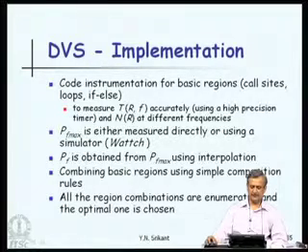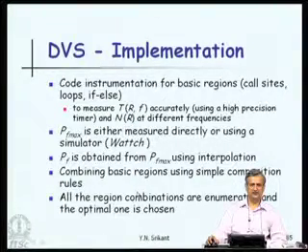All the region combinations are enumerated and the optimal one is chosen. It is okay, this is not going to be too large. So, we can afford to do this, otherwise an integer linear program or some other formulation can be utilized as well.